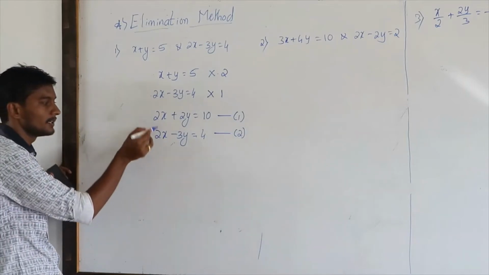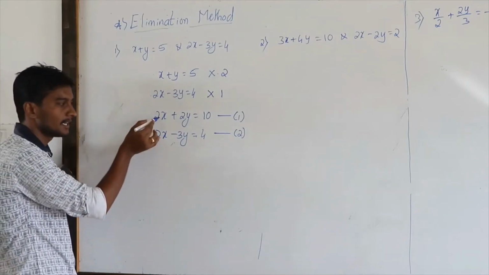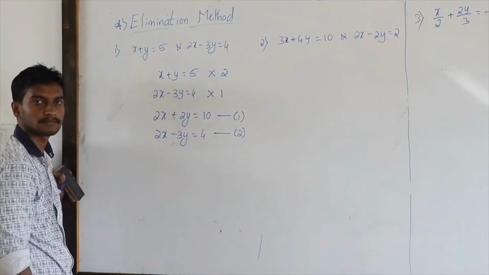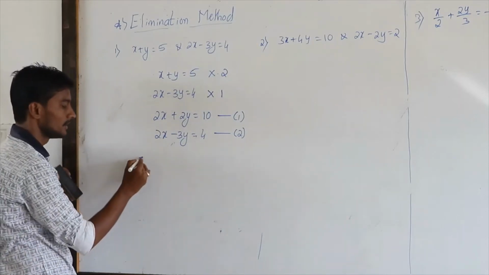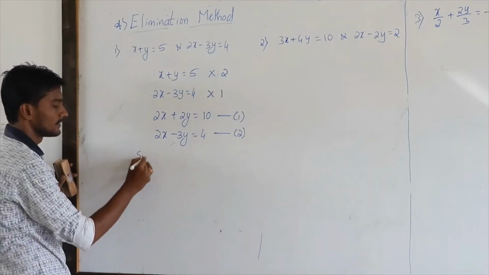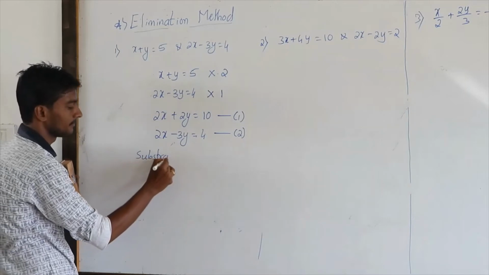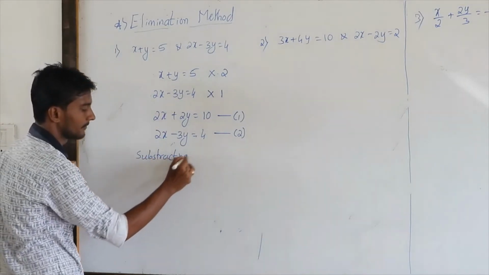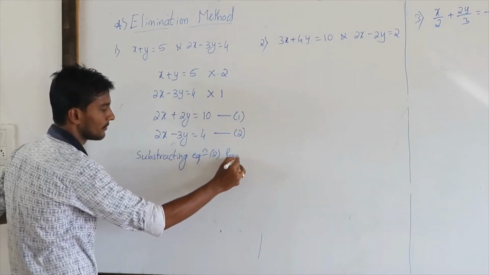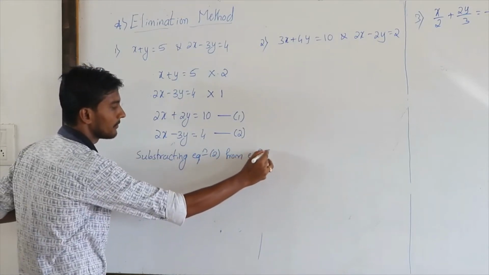So if you want to cancel 2x and 2x, one must be plus, another must be minus. So now what you have to do? Subtract equation 2 from equation 1.